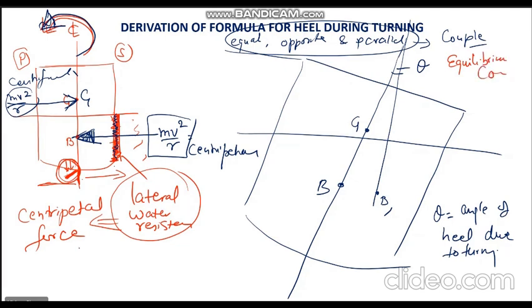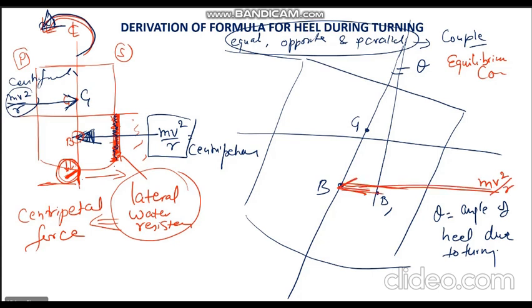Now, what is centripetal force acting through? Centripetal force was acting through B. That was just an assumption that the centroid of the force will be somewhere in line with the center of buoyancy, so we don't shift that. This continues to act through B as mv square upon r. Why?